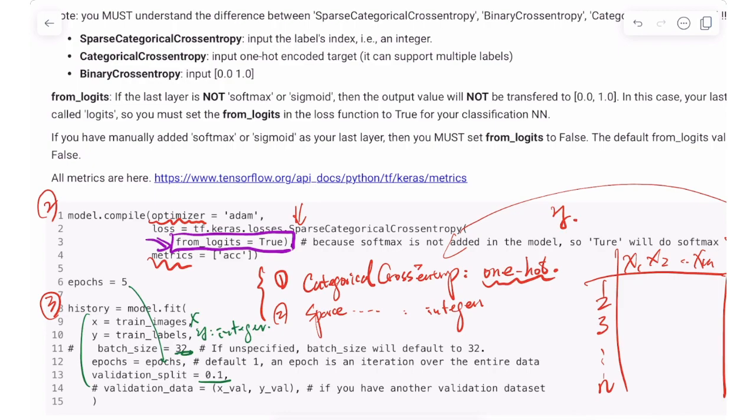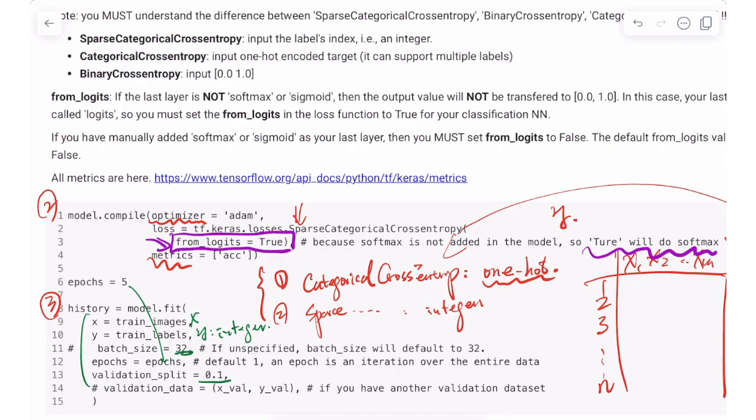If you do not have softmax in your network model, you can put the softmax in your loss function, which is from_logits equals true. True will perform softmax when it calculates its cross entropy. That is a weird setting, but it is how everybody does it.